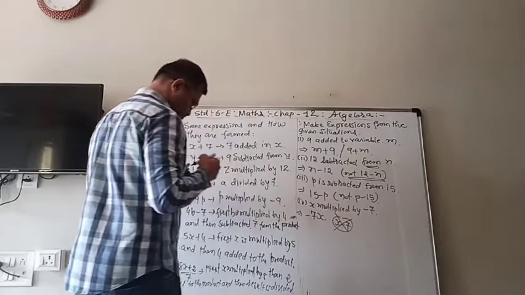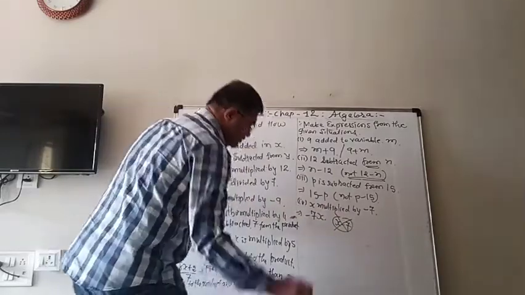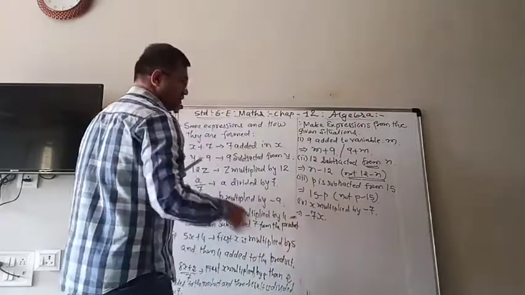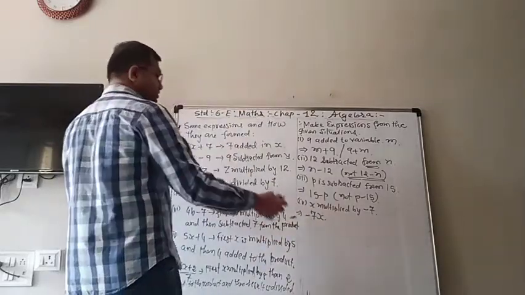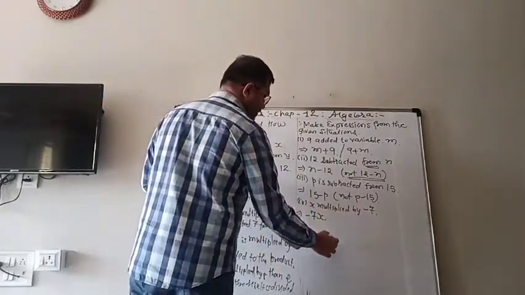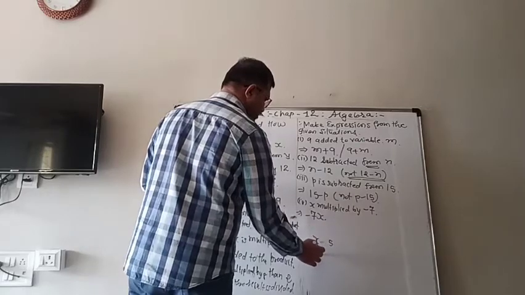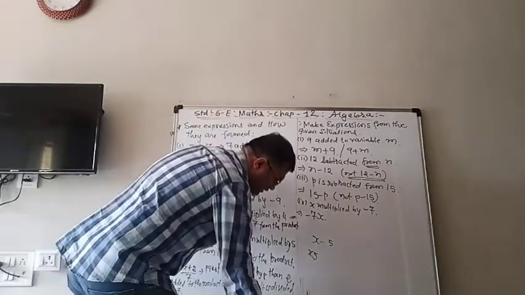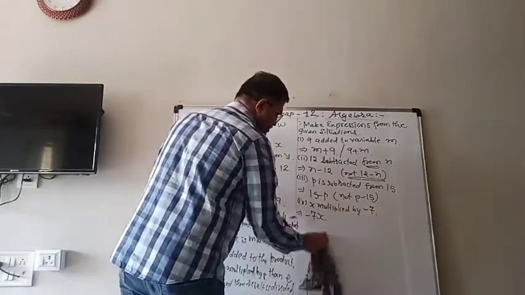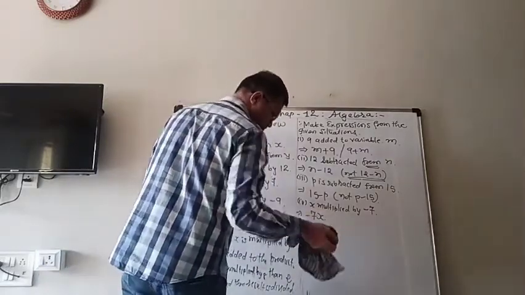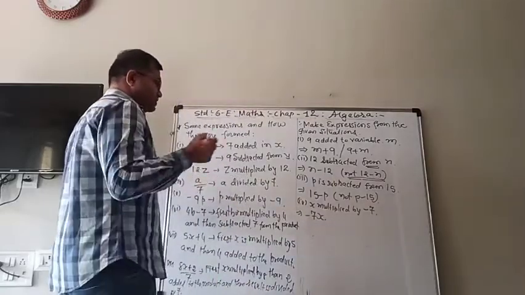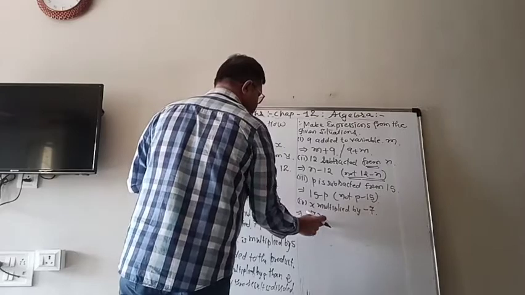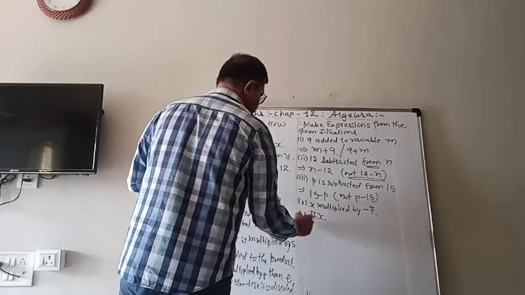That is wrong. The digit must be at the beginning. Similarly, if it is x multiplied by 5, then not x5. People are writing like x5, but x5 is not right. The variable must be at the back in the multiplication, and the real number, the integer, must be at the beginning.